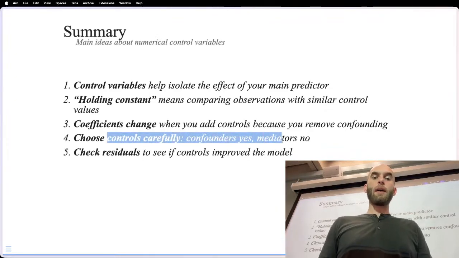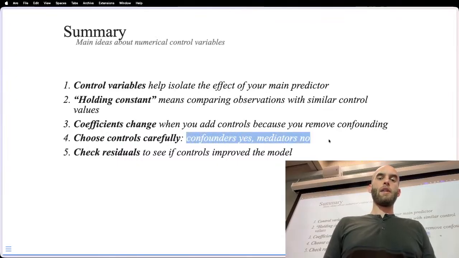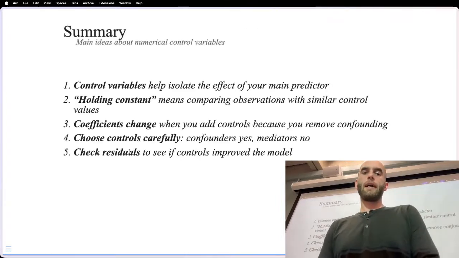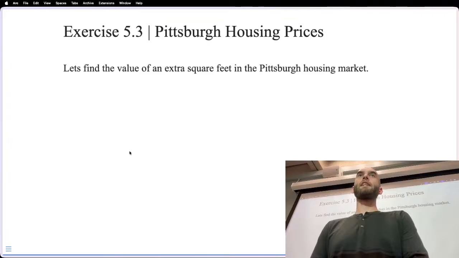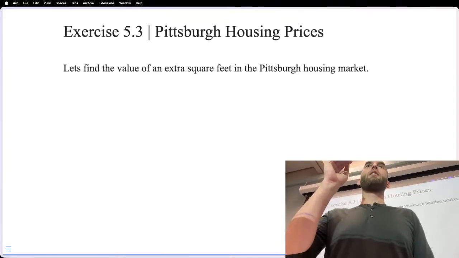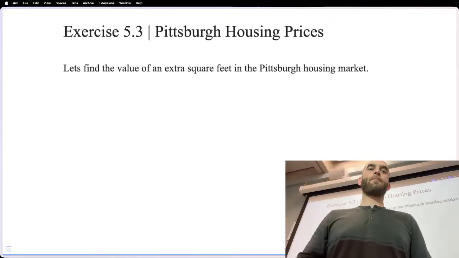And then we're going to talk about confounders and mediators next class. The last thing we do is we check the residuals. We do this every time we run a model. At least that's best practice. Every time you run a model, if it's something you're interested in, you need to check the residuals.